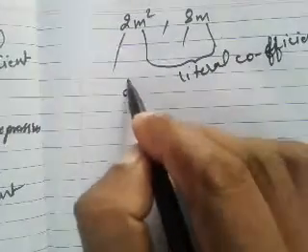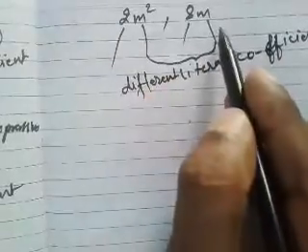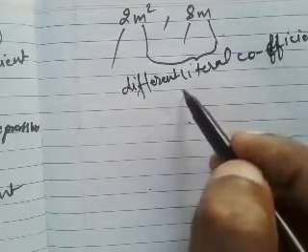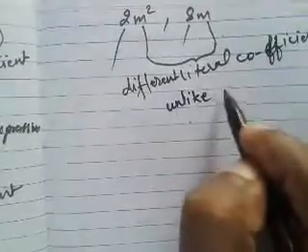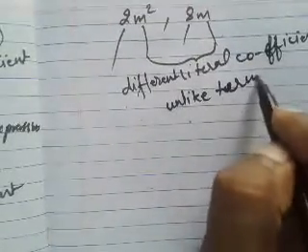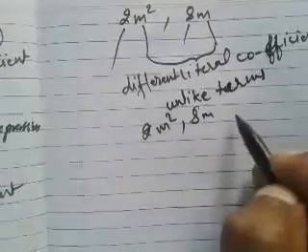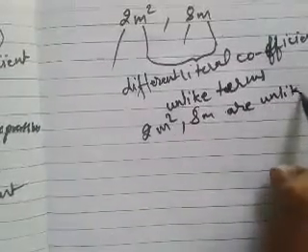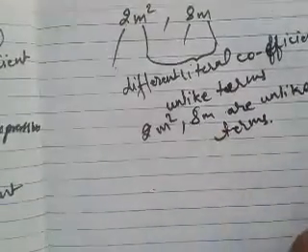Both literal coefficients are different to each other, because here it is m square and here it is only m. That's why these are called unlike terms. So 2m square and 8m are unlike terms because they have different literal coefficients.